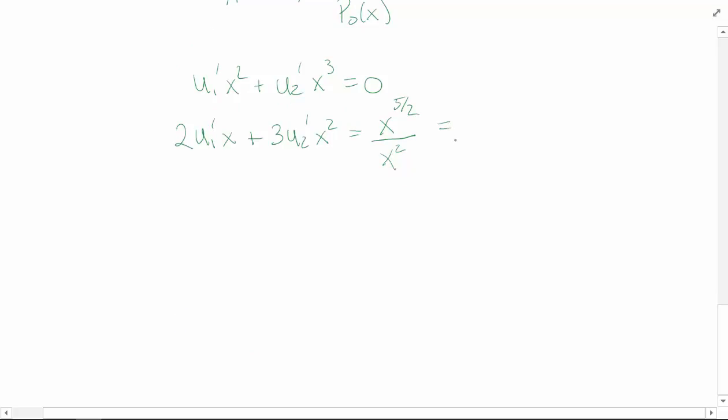That simplifies to x to the 5/2 over x squared, which simplifies to x to the 1/2.